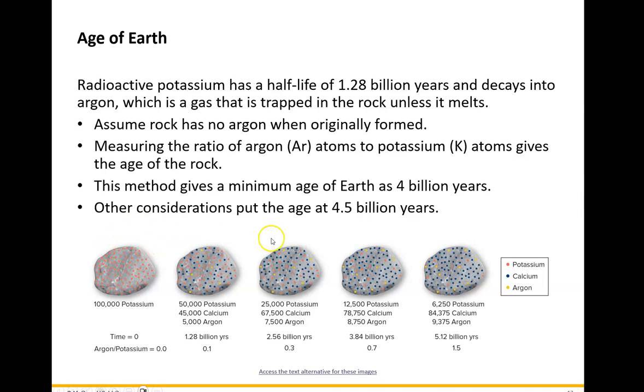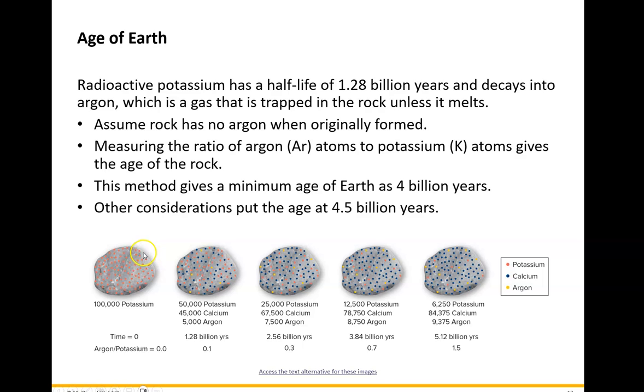There's exactly half, right? So one half life. For uranium 238, one half life is 4.5 billion years.